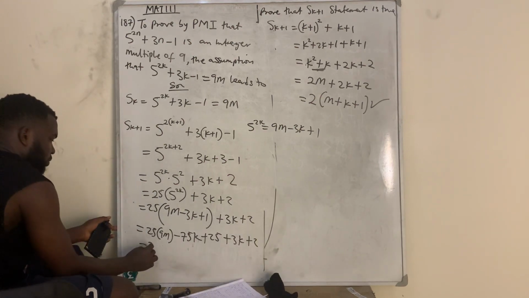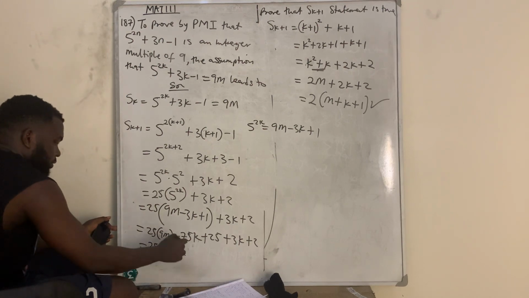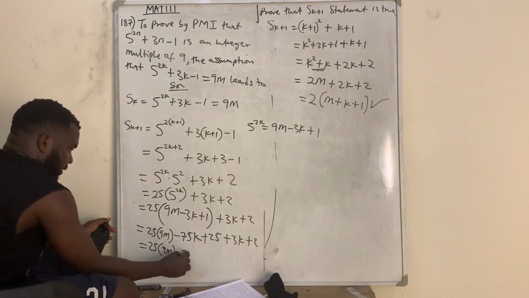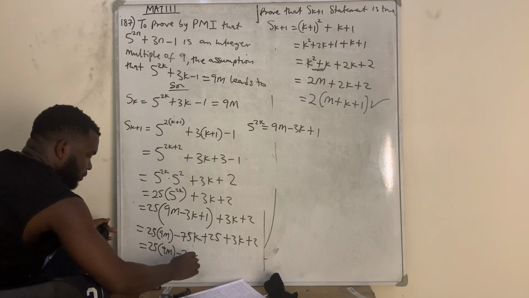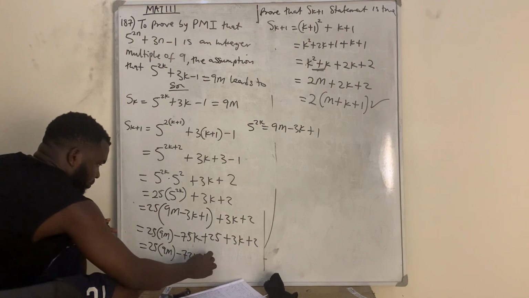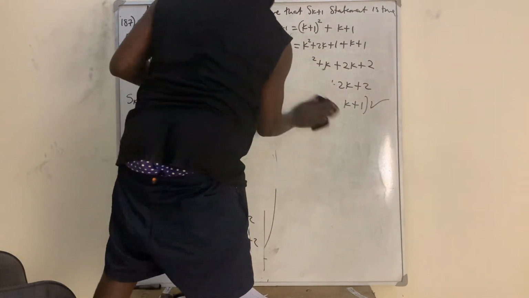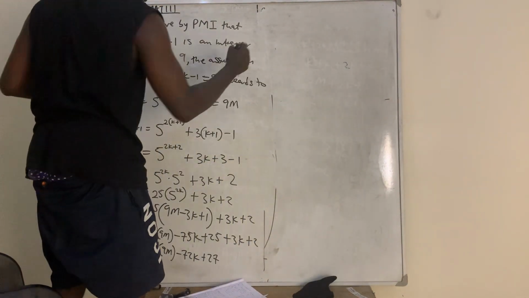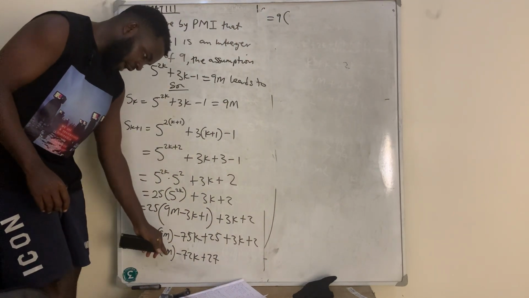So you now have that this is equal to what? 25 into 9m, plus, this and this will give you minus 72k. Then this and this will give you 27. Now, if you factorize 9, let's see what happened if you bring out 9. We want to check if it is a multiple of 9. So if you bring out 9 here, you are left with 25m.